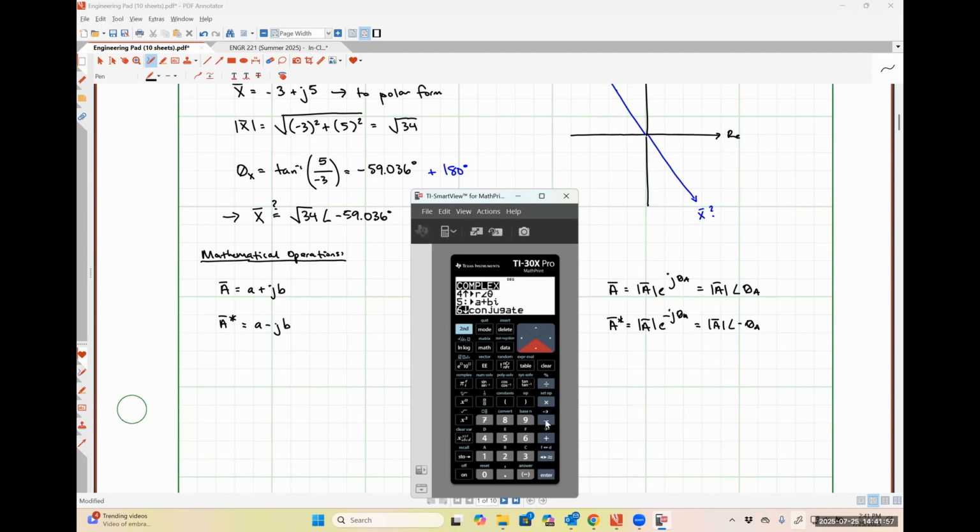So the conjugate of 5 minus 3i should give me 5 plus 3i in rectangular form. I'm going to force it to give me that result in rectangular form like so. And exactly what I said, it just flips the sign on the imaginary part.